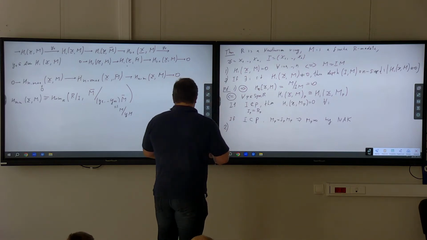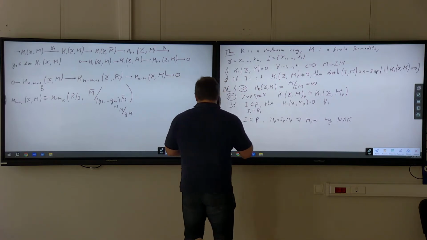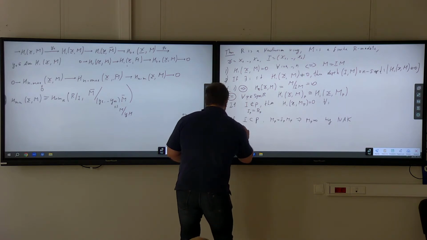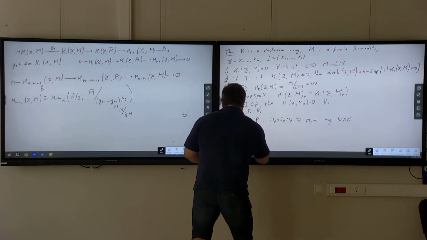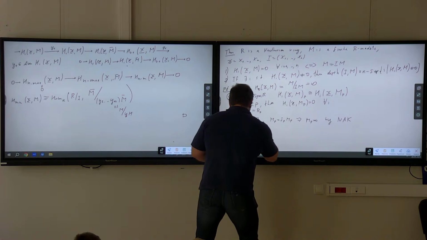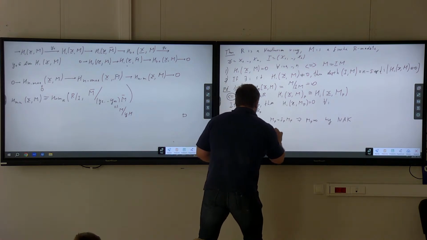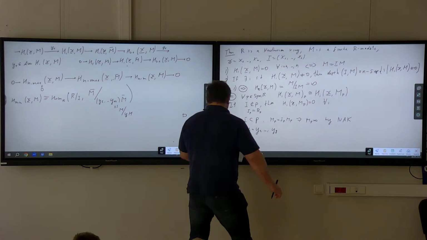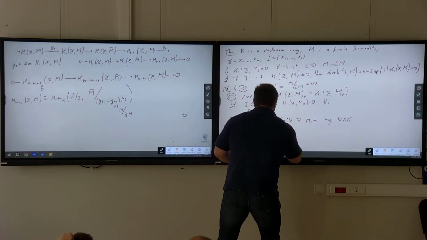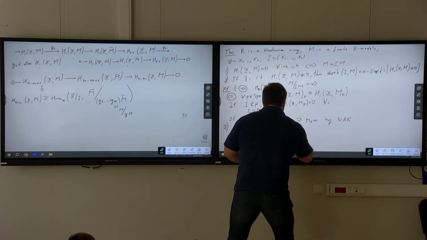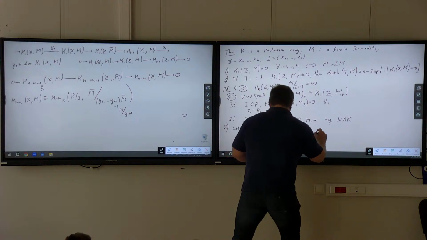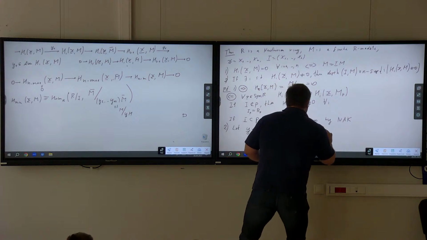Okay, finally, this formula. So let y be a sequence, say y1 up to yg, inside ideal I. This is a maximal M-sequence.